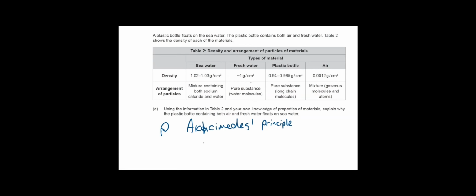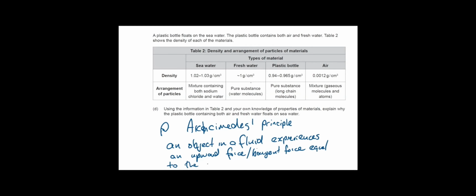It says that an object in a fluid, and remember in physics, a fluid is a liquid or a gas, experiences an upward buoyant force equal to the weight of the fluid that it displaces.